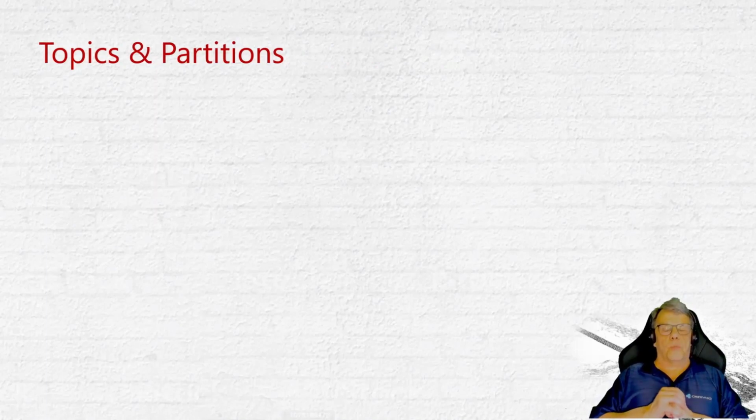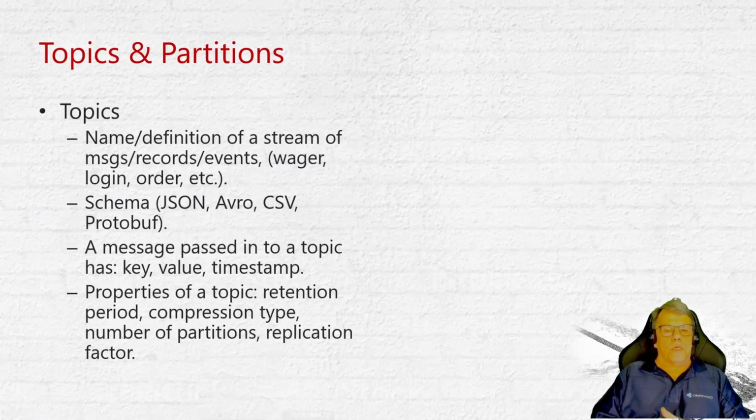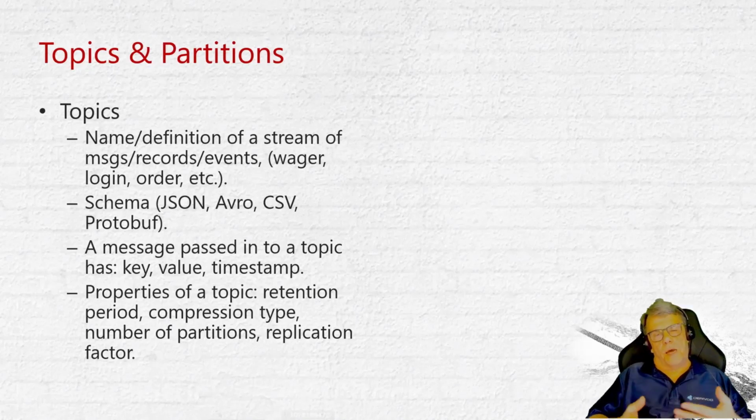So, topics and partitions. A topic is the name, the definition of a stream of records. We can call it wager, we can call it login, we can call it order, etc. The topic can have a schema, or rather the records that we publish can have a schema. It can be JSON, it can be Avro, it can be CSV or protocol buffers.